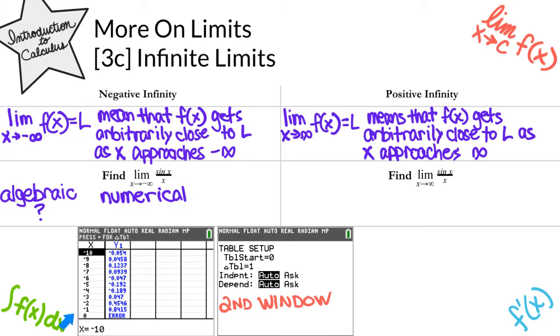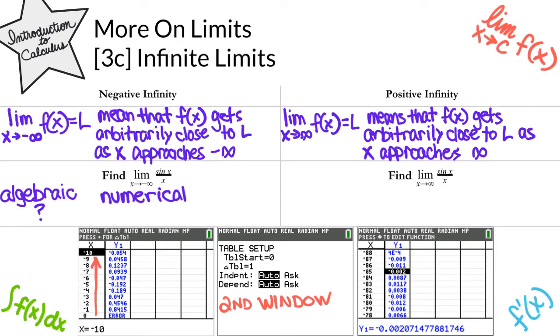So we go back to our table and we just keep pressing the up arrow to make our x values more and more negative. What we're doing is letting x approach negative infinity. We scroll up and up and up, let the x values get smaller and smaller, more negative and more negative, until we start to see a pattern in the function values, the y values.